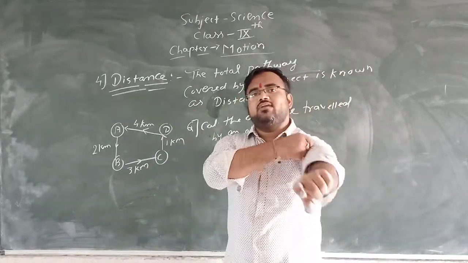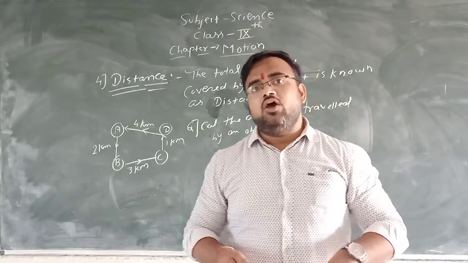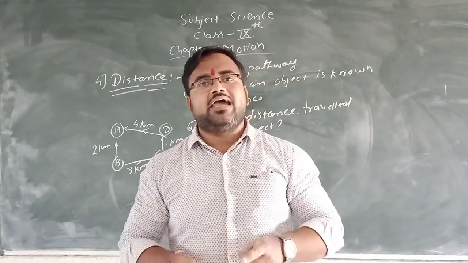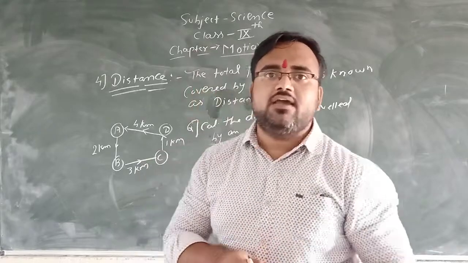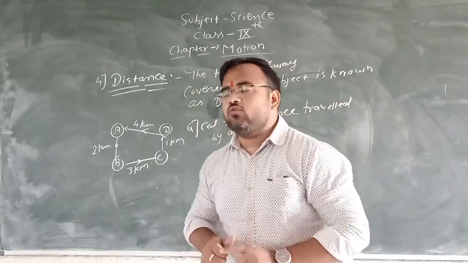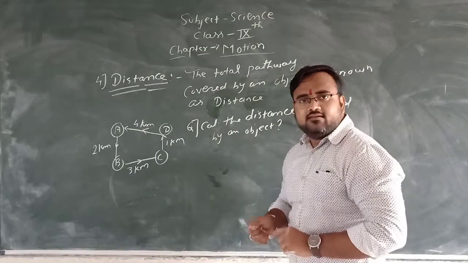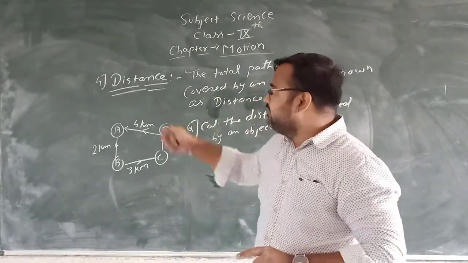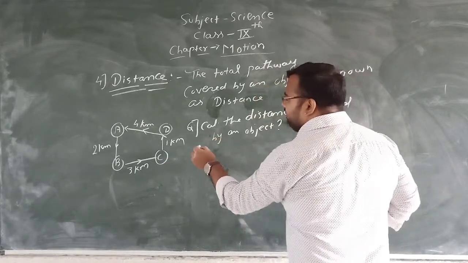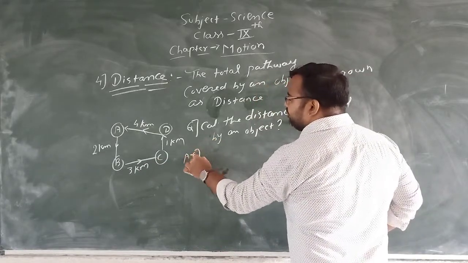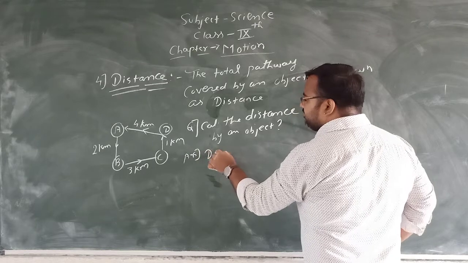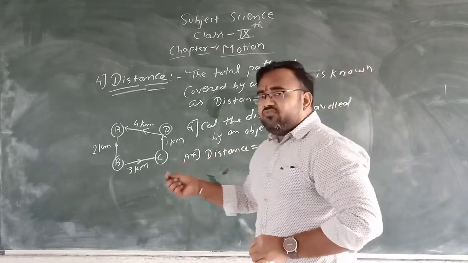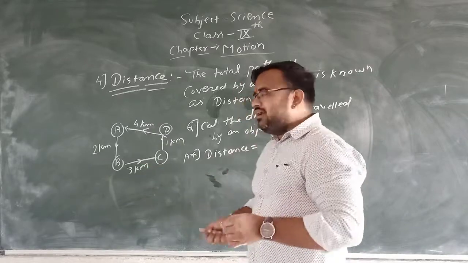So according to the definition, the total pathway covered by an object is known as distance. So here we will solve the answer. Distance is equal to the total pathway covered by an object.